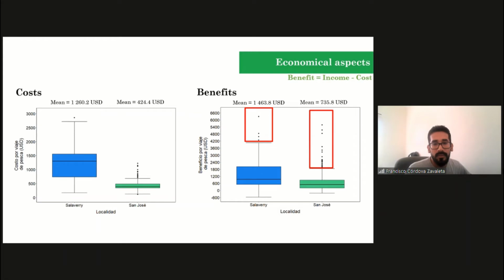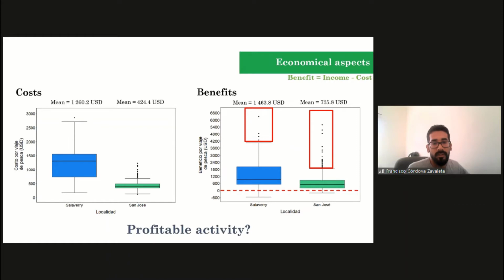But it's important to see that there are also some fishing trips in which the benefits are zero. I mean, they only get to pay what they invested. And you can also see that there are some trips in which they return with debt.